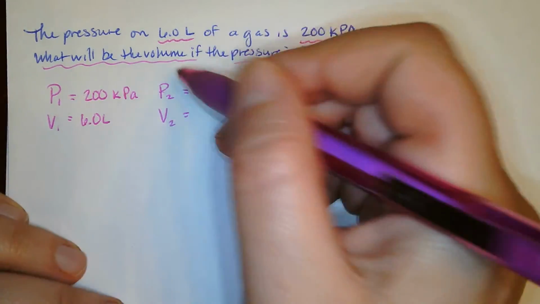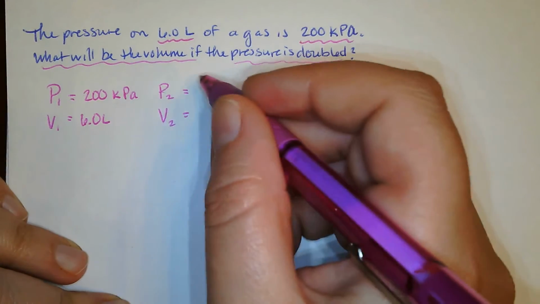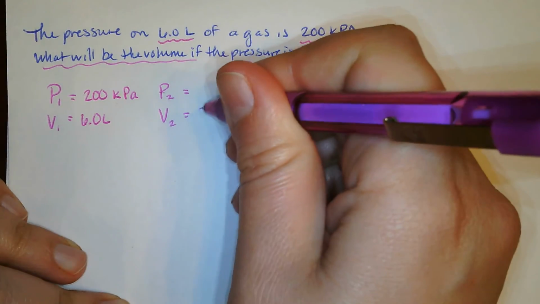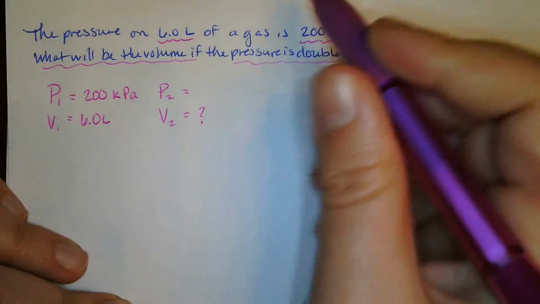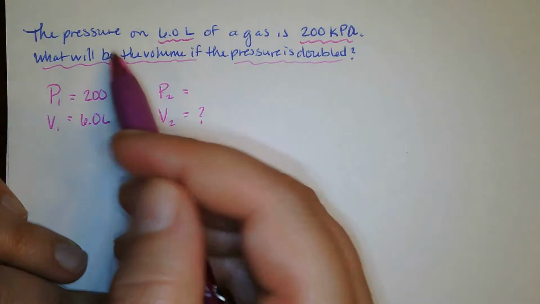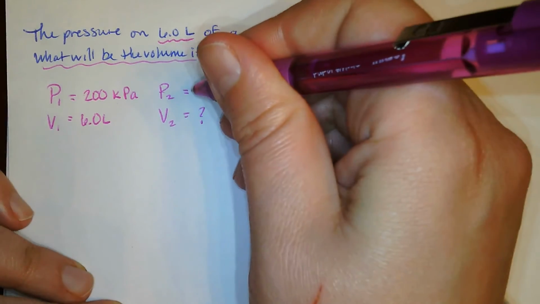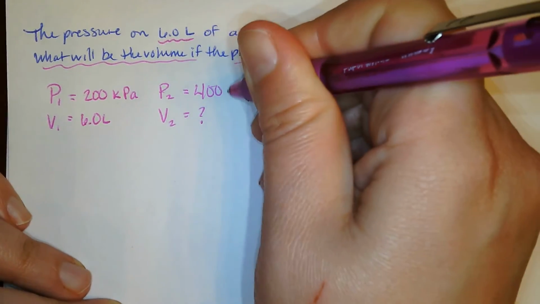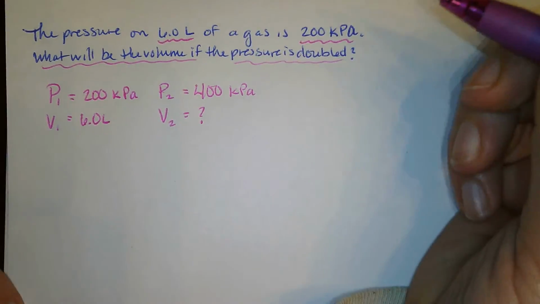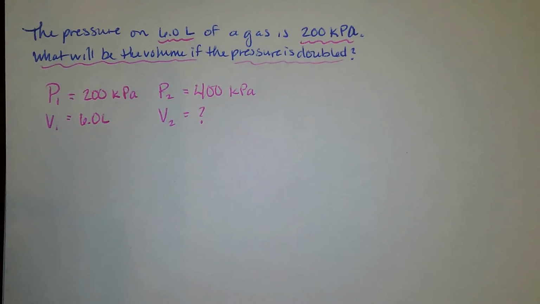Okay, what will be the volume? So after something happens, what will be the volume? That's our question mark. If the pressure is doubled. So if the pressure was 200 kilopascals, the pressure will double to 400 kilopascals. What will happen to the volume?